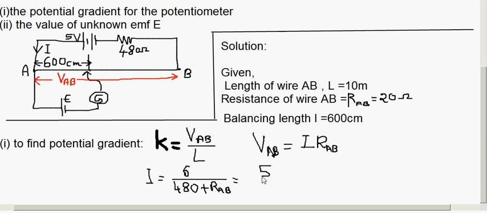Five divided by 480 plus 20, that's equal to 500. So 5 divided by 500, or I is equal to 1 by 100, or 10 to the power minus 2 amps.